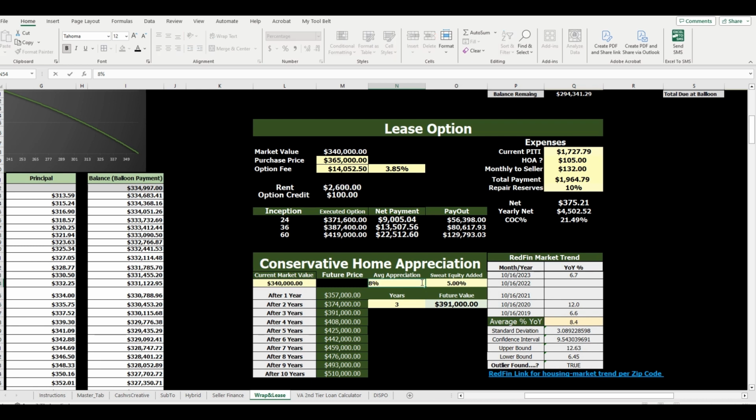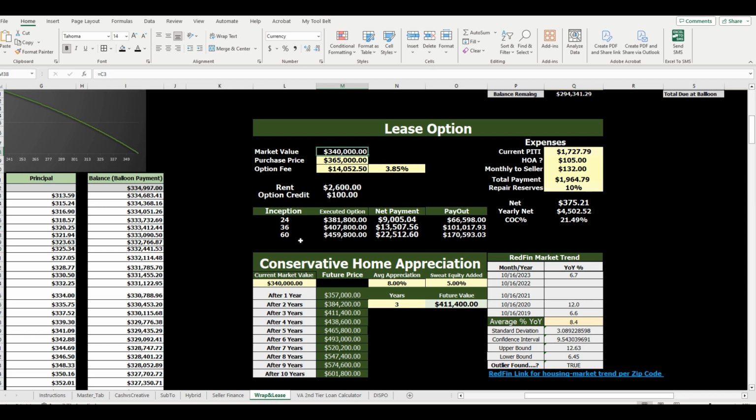If we were to adjust our average appreciation to 8% and we were to add, let's say, 5% sweat equity to the property, after 3 years, we could be looking at a market value of $411 compared to its current market value of $340.